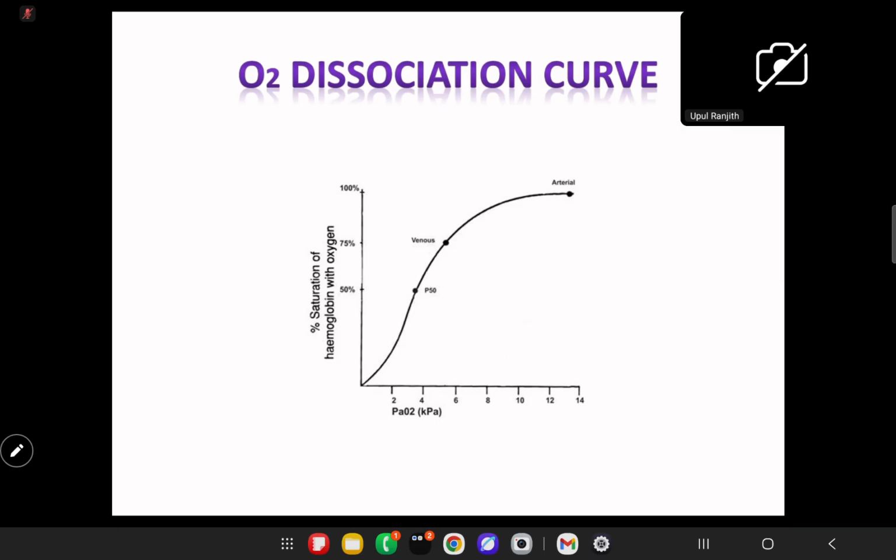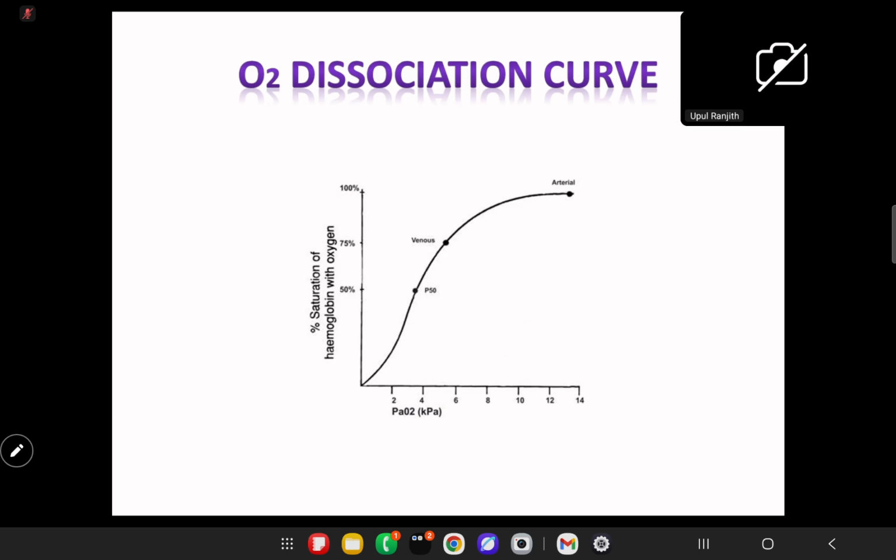Now, this is the oxygen dissociation curve. All of you are familiar with this oxygen dissociation curve, right? This is a frequently asked question in the Viva.